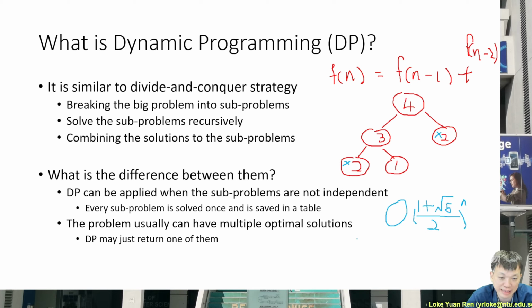They are not independent. It means you need to repeatedly solve a particular sub problem again and again. There is no point doing that if I make a table, store the solution there, and instead of recalculating the same sub problem, just use the table to check the answer. Then it can save me a lot of time.